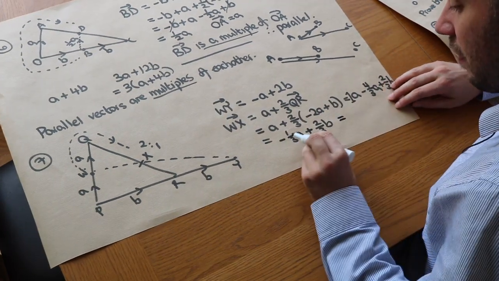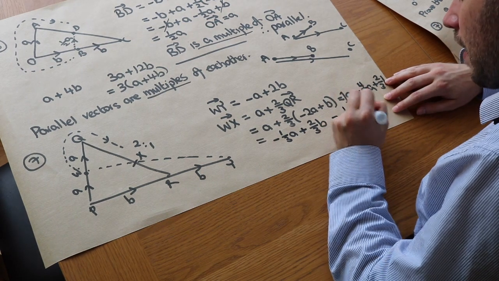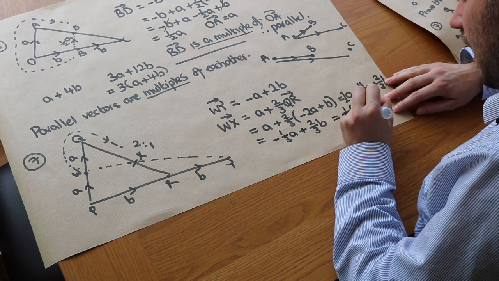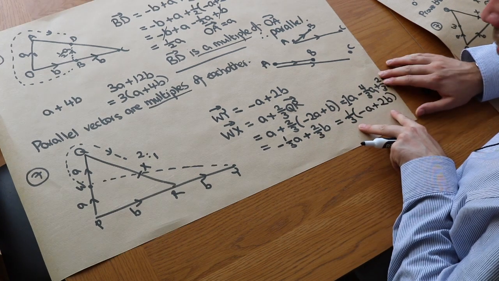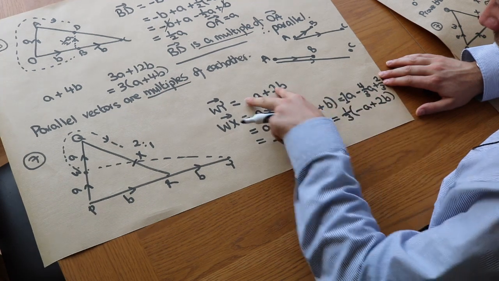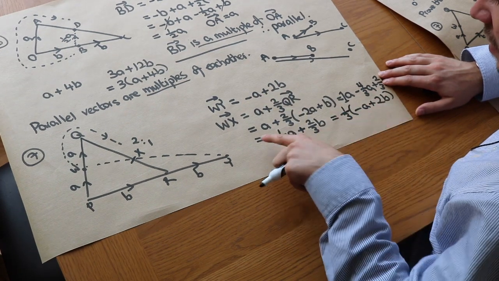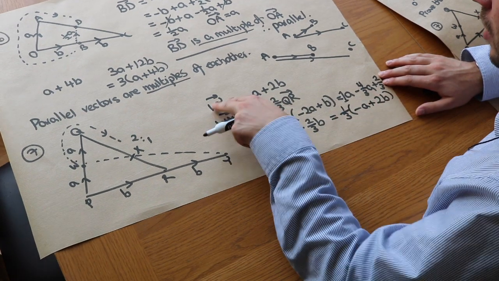So can you see that if we factorise the third out of that, we get minus A plus 2B. Now this is a multiple of that. Look, it's this vector here times by a third. So it's just that W to X is a third of W to Y.